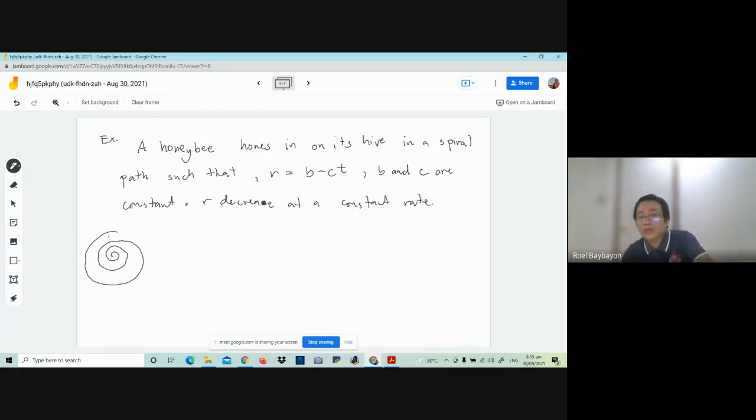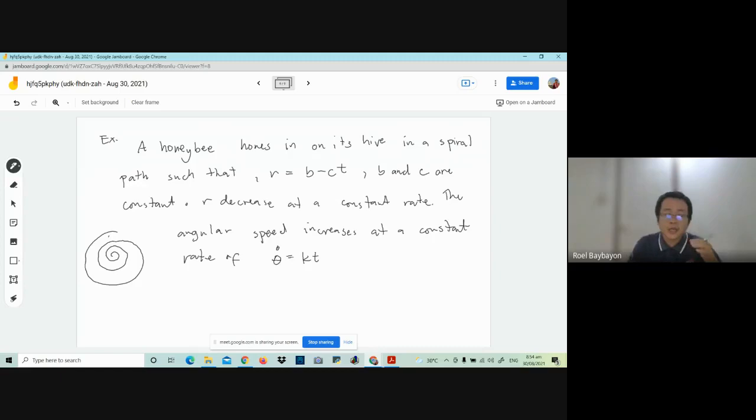The angular speed increases. So while the radial distance decreases, the angular speed increases at a constant rate, theta dot equals k times t.